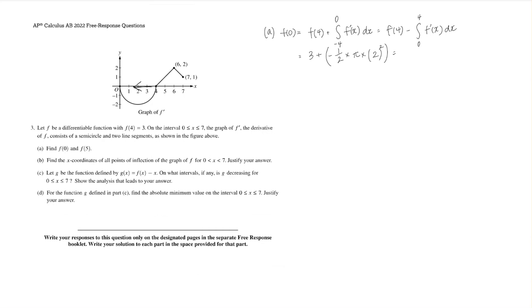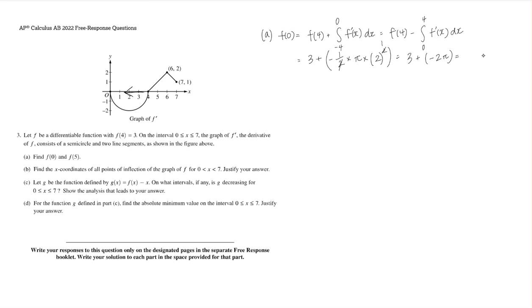It is negative 1/2 because the half circle is below the x-axis. And by doing all the calculations, my mistake, it is supposed to be negative, so it'll be 3 minus negative 2 pi, which equals 3 plus 2 pi.